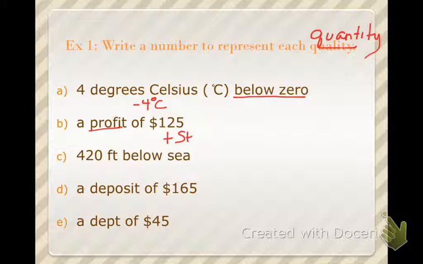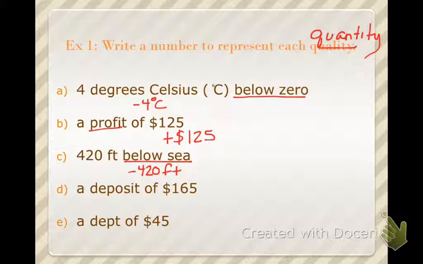So it's plus $125. C, you have below sea level. The sea is usually what we call 0, and everything below the sea is a negative, and everything above the sea is a positive. So this would be negative 420 feet.